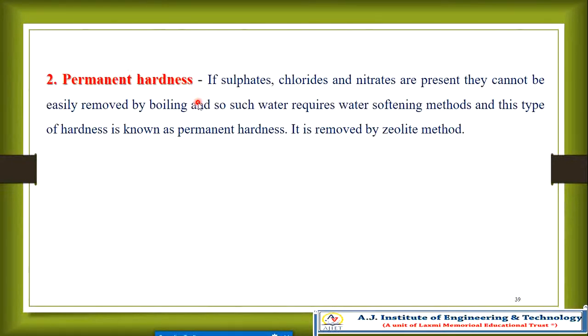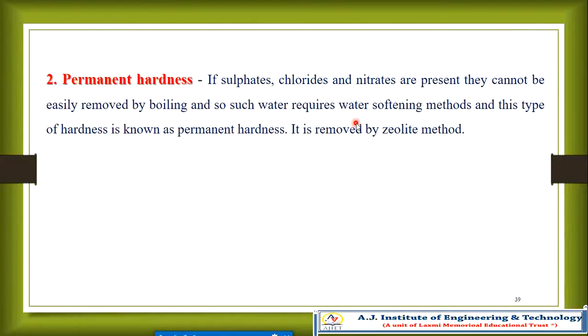What is permanent hardness? If sulfates, chlorides and nitrates are present, they cannot be easily removed by boiling, so such water requires a water softening method, and this type of hardness is known as permanent hardness.